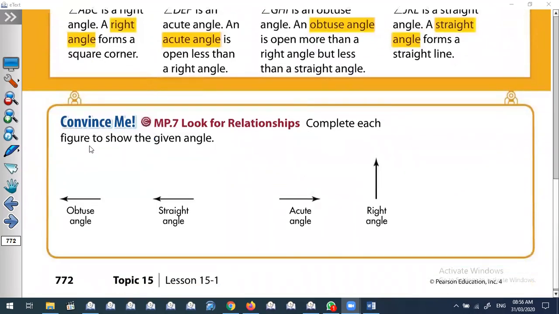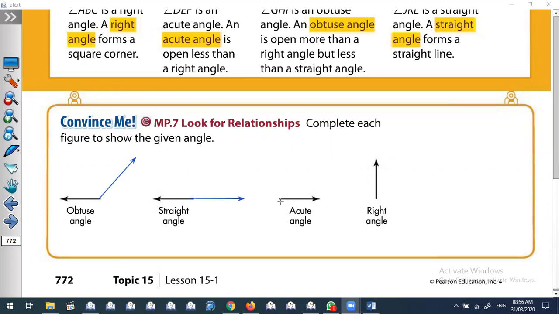So here, complete each figure to show the given angle. Here I need an obtuse angle. So I need an angle more than right, 90, more than the right angle. It will be like that. The next one, I need a straight angle. So I need to form a straight line like that.